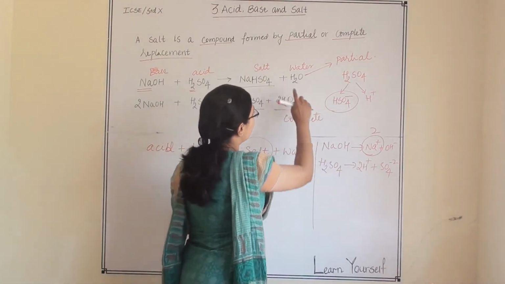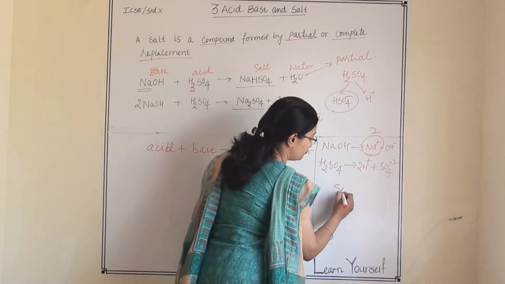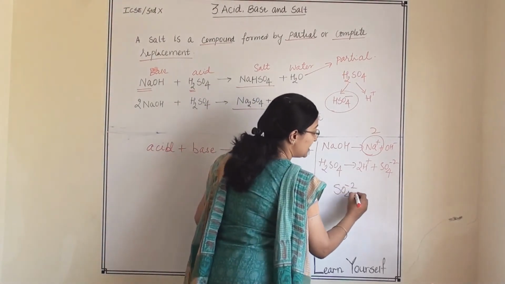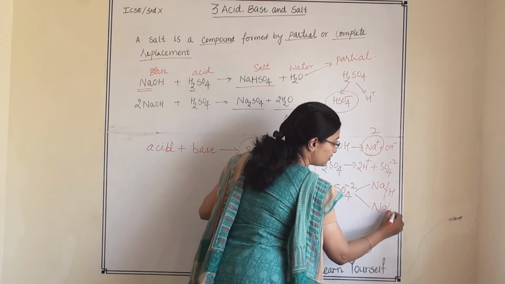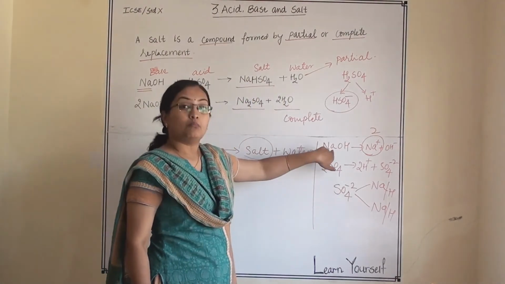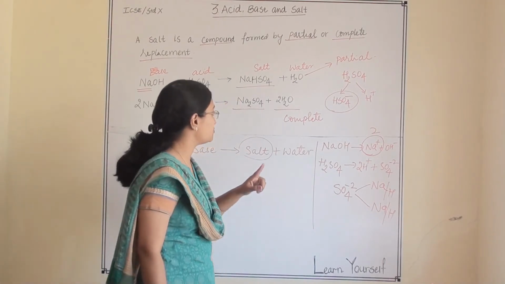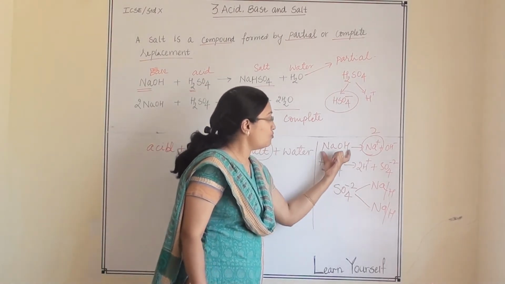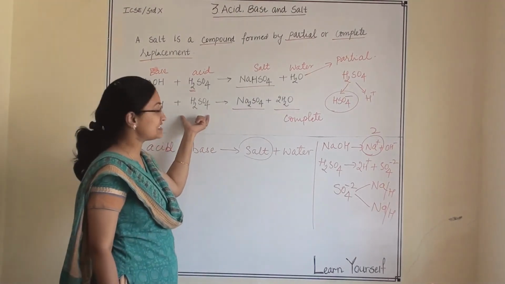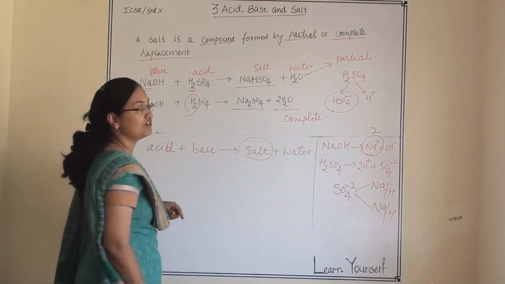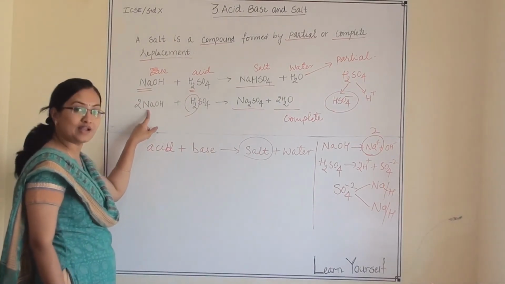So that's why the first is a partial replacement and the second is a complete replacement, because SO4's combining capacity is minus 2. It requires 2 Na and it requires 2 hydrogen. But one molecule of sodium hydroxide will only provide 1 sodium. So 2 molecules of sodium hydroxide will completely replace these 2 hydrogen atoms of H2SO4, because in 1 molecule of sodium hydroxide only 1 Na is there.